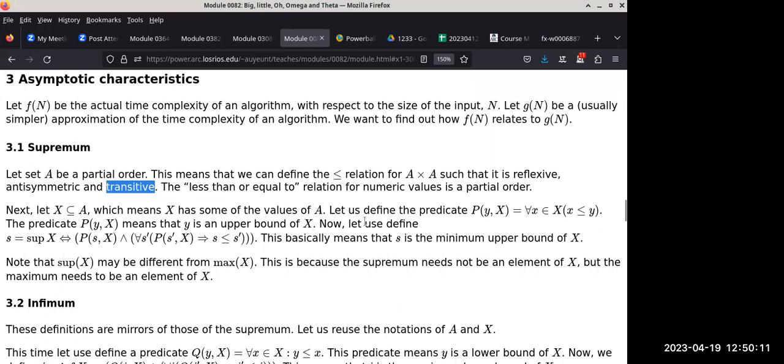So now we're going to define something else, which is the supremum definition. S is the supremum of X if and only if P of S, X is true, which means S is an upper bound of X, and for all S prime, P of S prime, X implies S is less than or equal to S prime.